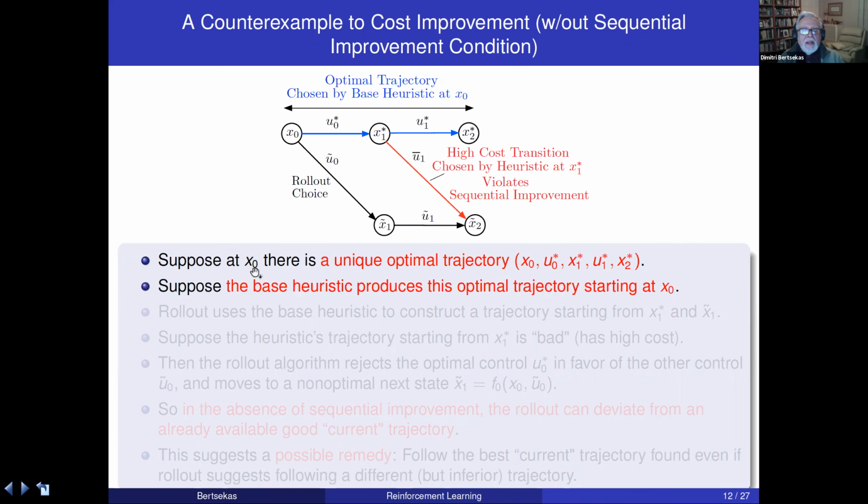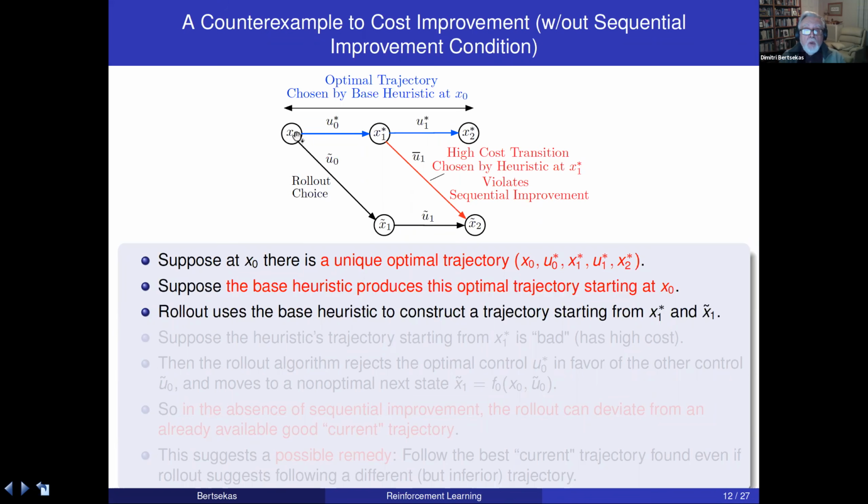And suppose now that at x0, there's a unique optimal trajectory, okay? And suppose that the base heuristic produces this optimal trajectory starting at x0. So the base heuristic is, by accident, somehow optimal. Now, how will the rollout work?